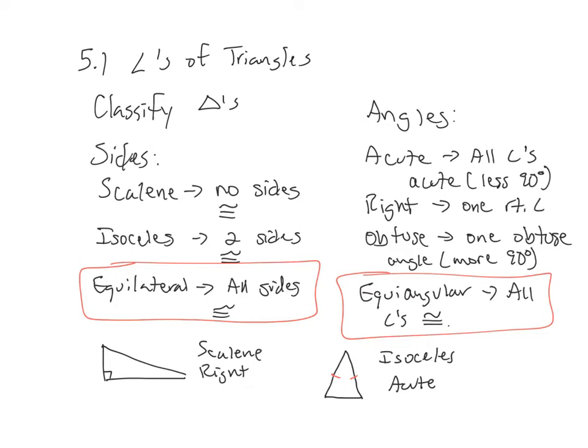For the most part, you'll be able to visually tell if something's bigger than 90 or less than 90. It's not going to be 91 degrees, so you can't visually tell on the triangles that are just drawn.